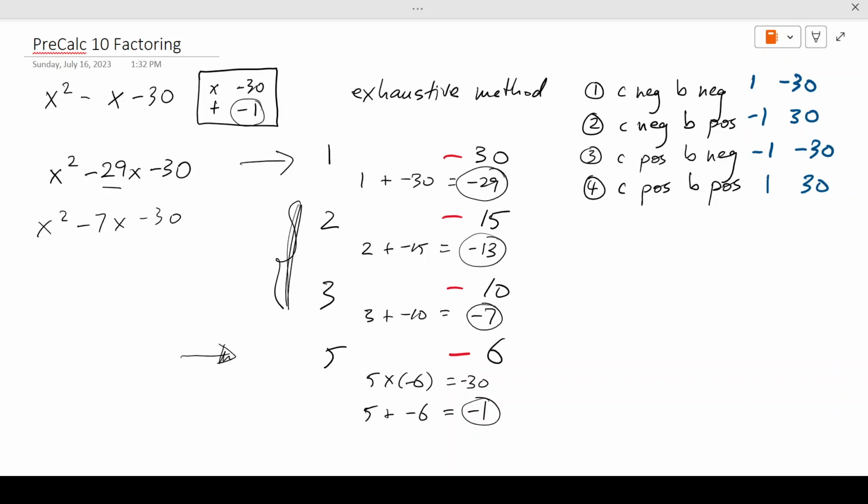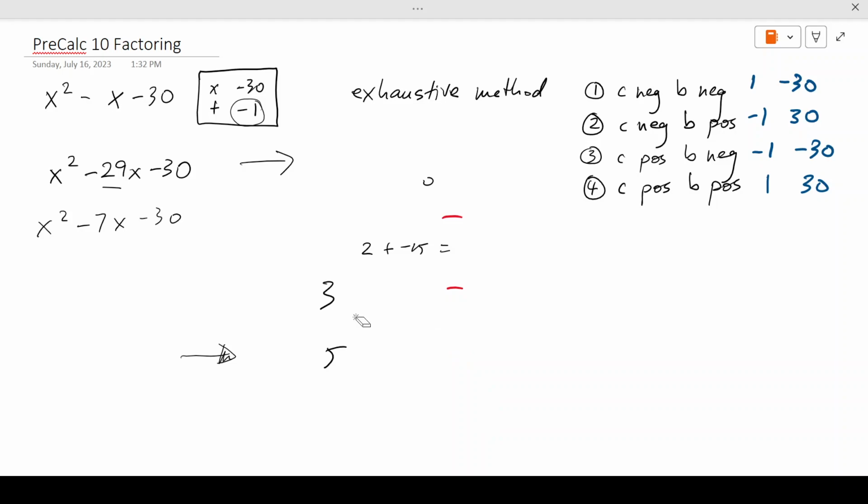So we have bigger sums at the top in absolute value, not just ignoring the negative signs, 29, and smaller sums at the bottom. Okay, let's do another example and see how we can use this to quickly key in on the answer instead of going through exhaustively and having to do every single combination.